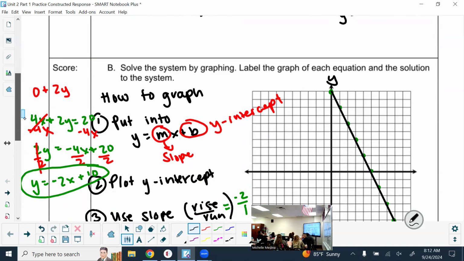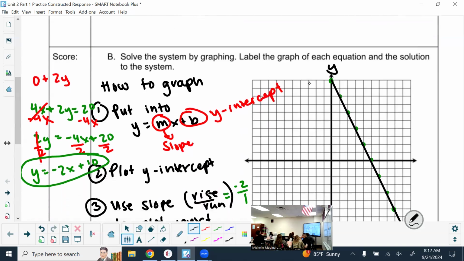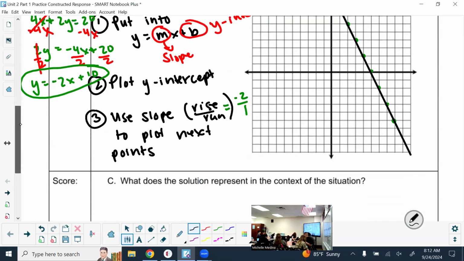Down here on part B, it says solve it by graphing. Label the graph of each equation. So that means for this one, it doesn't matter what form, but I need to see what you graph. And then the solution. So where they intersect, make sure you tell me that's the solution.